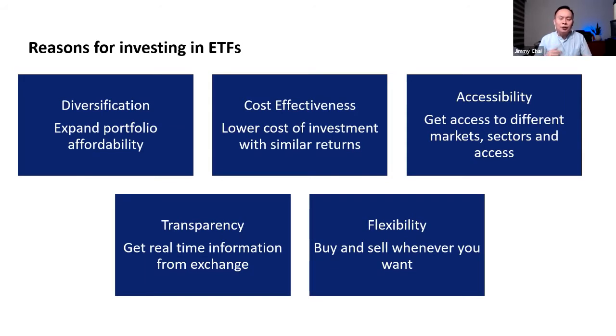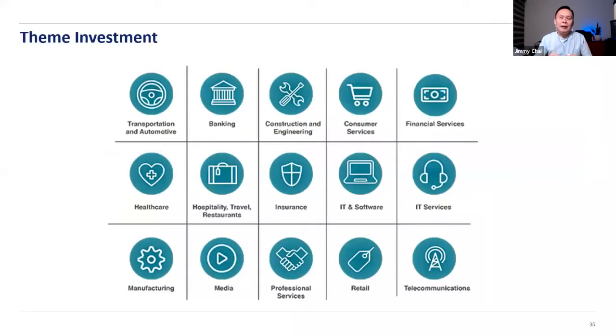Now, the most important thing is to access different markets and sectors. When we are able to access different markets or sectors, that also means we are allowed to pick and choose a lot of what we call niche markets or growth markets that we wish to invest in.